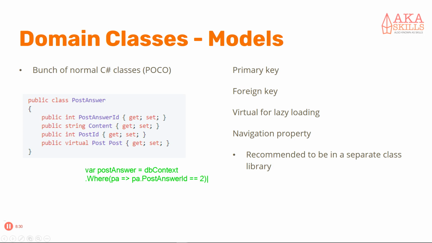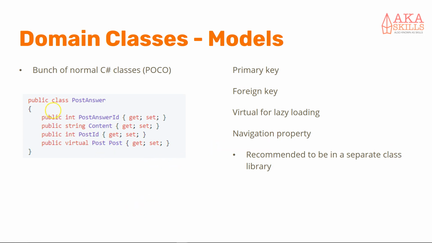So I want to get the post answer with ID 2. And after that I'm going to say first or default, just using LINQ. So here I'm getting the post answer with ID 2. What I can say is post answer dot post. And with this dot post now I will access the post object. This is my navigation property.